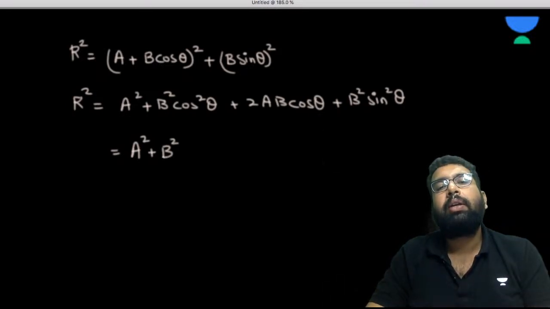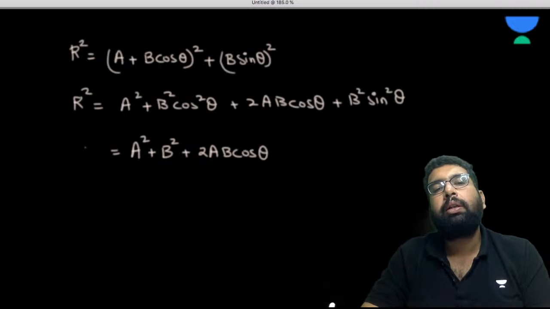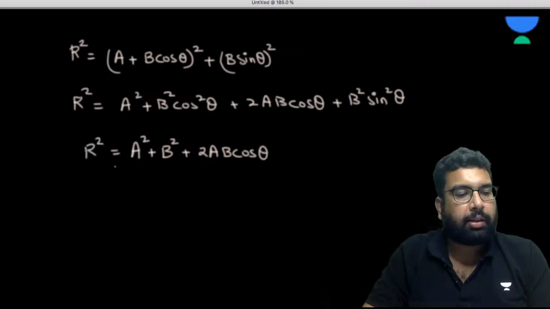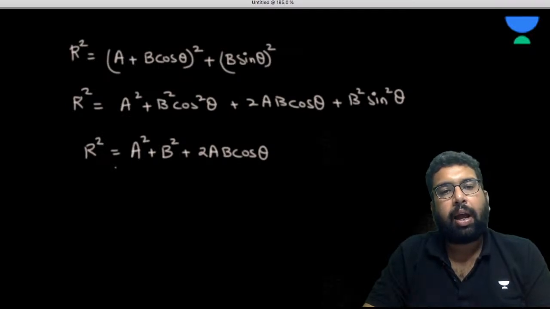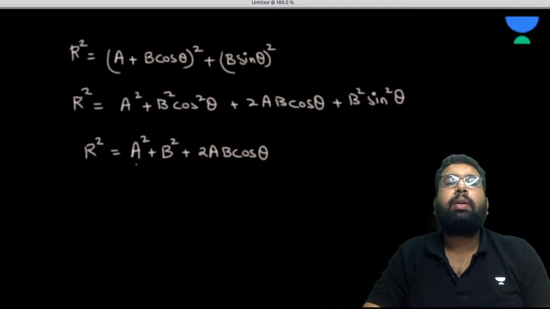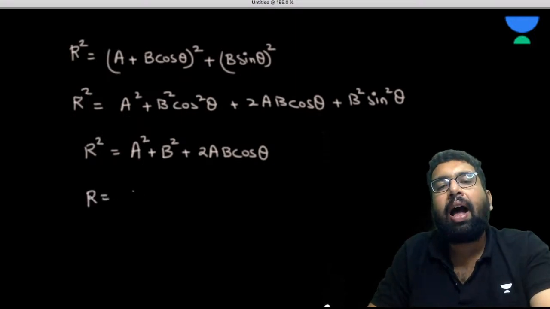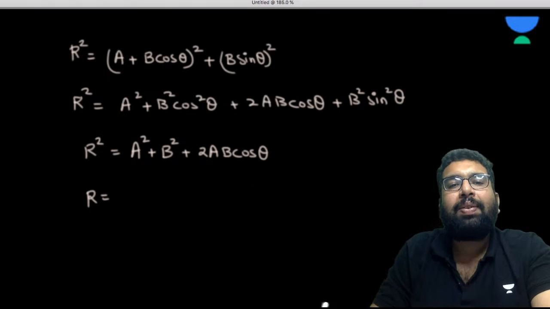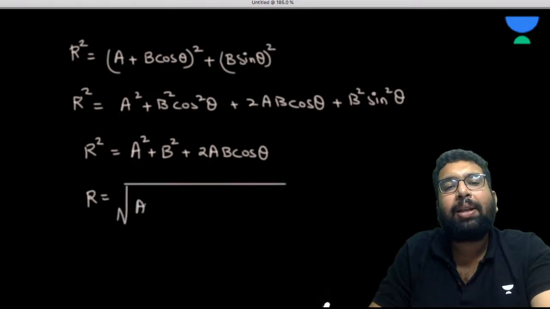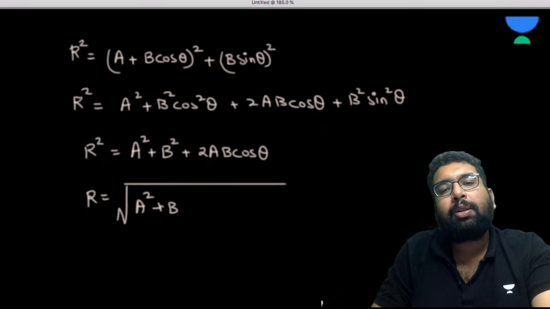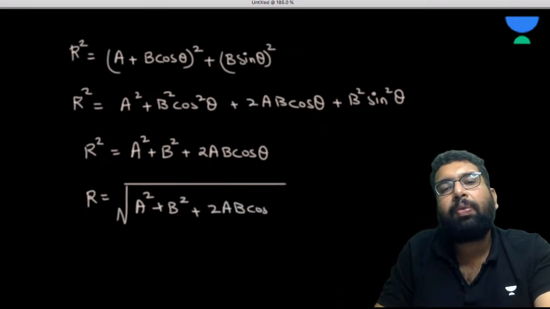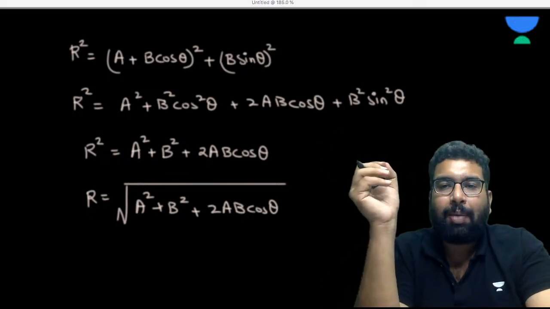So it becomes A square plus B square plus 2AB cos theta, and this is equal to R square. So R is equal to the square root of A square plus B square plus 2AB cos theta, and here comes the very famous formula from the law of parallelogram of vectors.